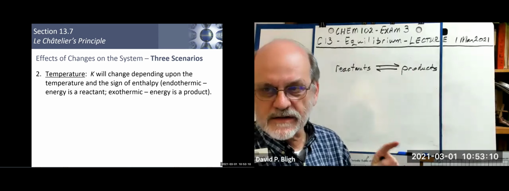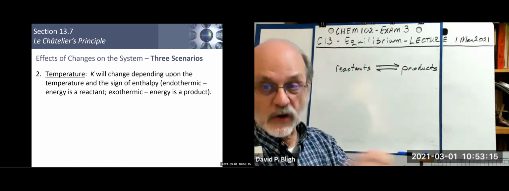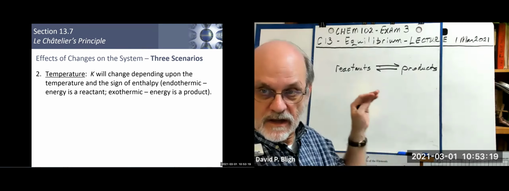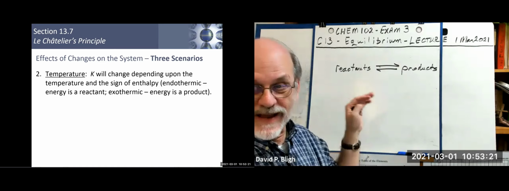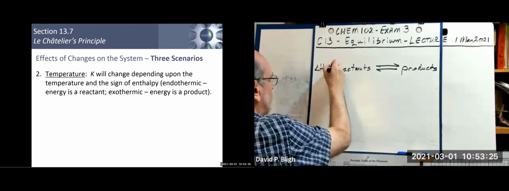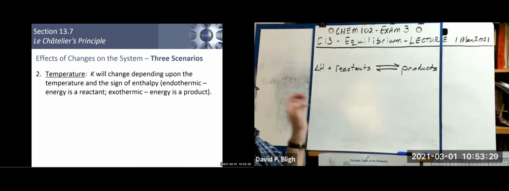if the reaction is endothermic, that means, and this is the way I look at it, that the enthalpy of the reaction enters the reaction as a reactant. Right? Because endothermic means the heat's going in.